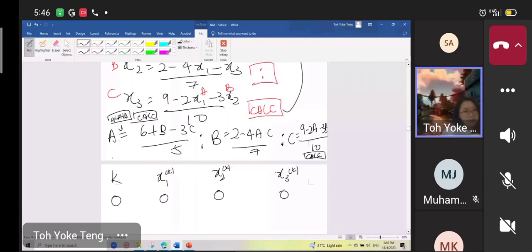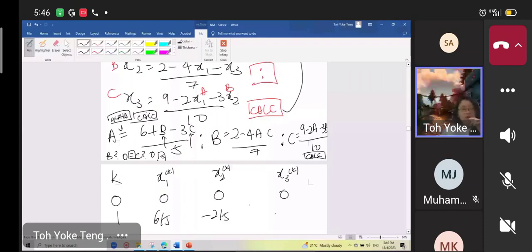We just insert 0 and then press the equal sign again. The calculator will ask you for the C value. Insert 0 and press the equal sign. You will get the latest values: 6 over 5, negative 2 over 5, and 39 over 50.